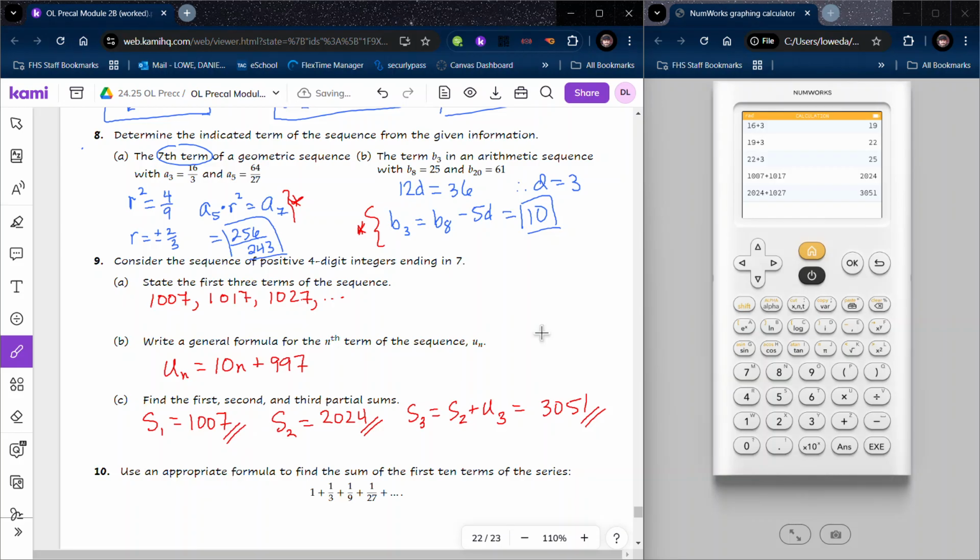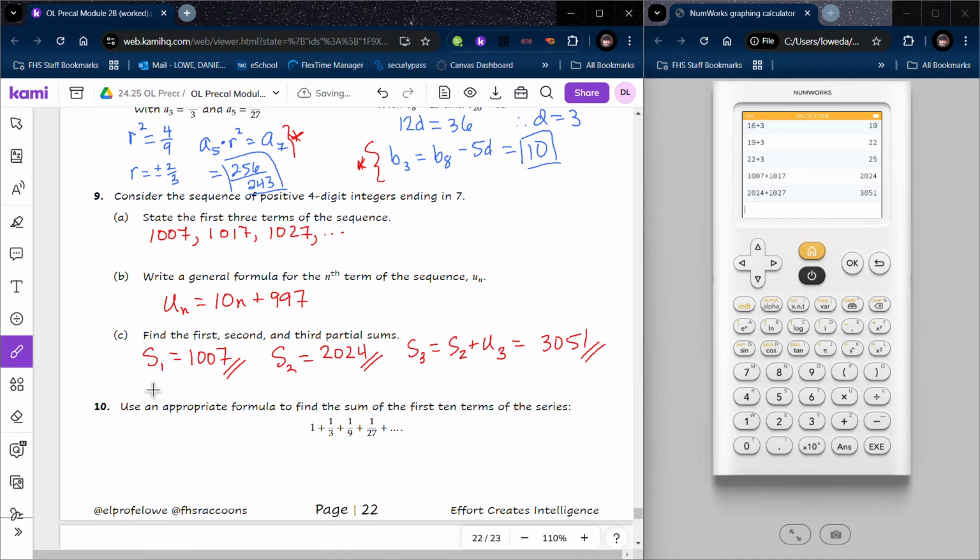All right, for number 10, use an appropriate formula to find the sum of the first 10 terms of the series. So I want 10 terms, so I have to figure out what's happening here. It looks to be that I have a common ratio of 1/3. That means that I'm geometric. I have a first term equal to 1, and the sum of the first 10 terms of a geometric series is going to be 1 times 1 minus my ratio to the 10th power, all over 1 minus my ratio.